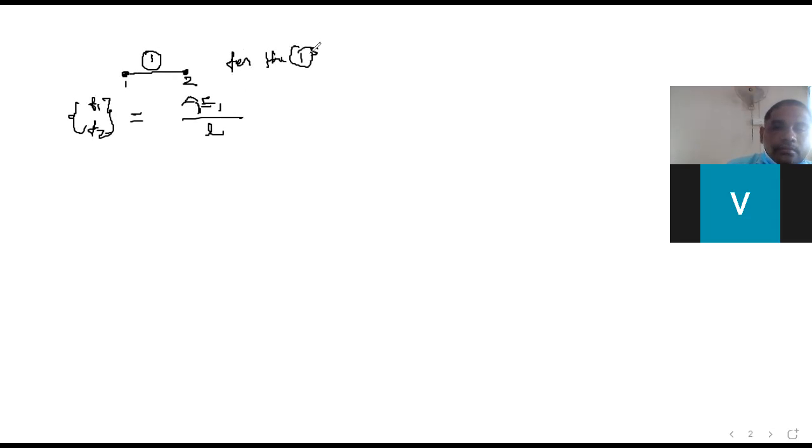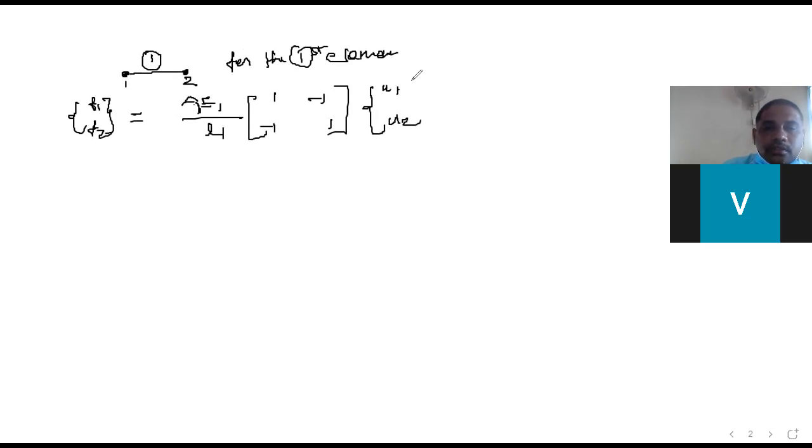The formula is A1 E1 divided by L1 into [1 -1; -1 1]. This is the formula for the stiffness matrix, multiplied by the deflections. U1 is the deflection on the first node, U2 is the deflection on the second node.